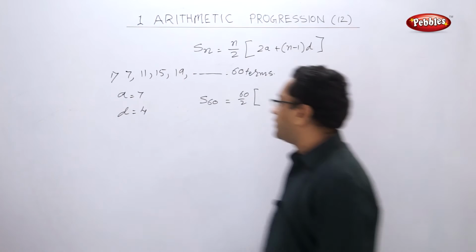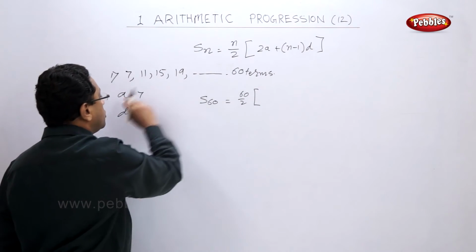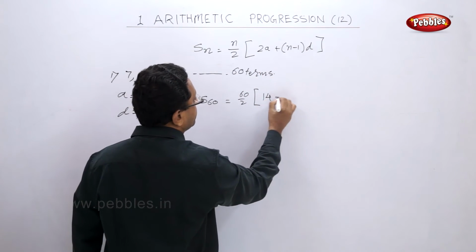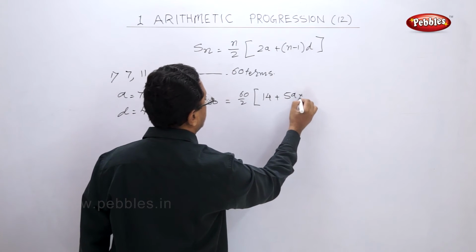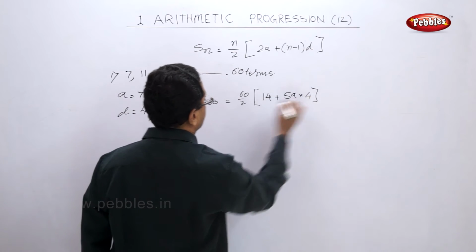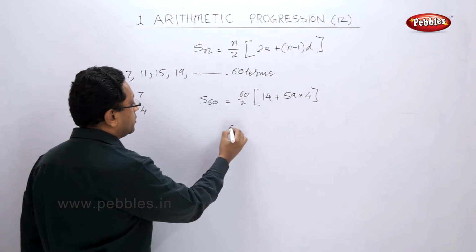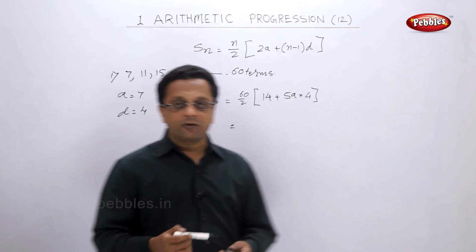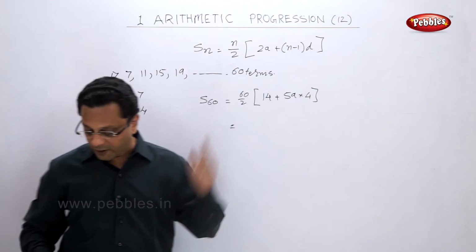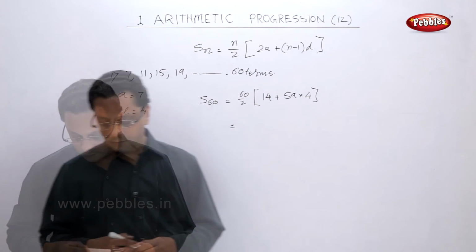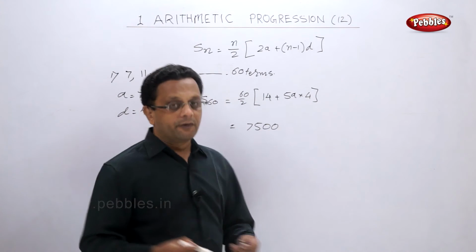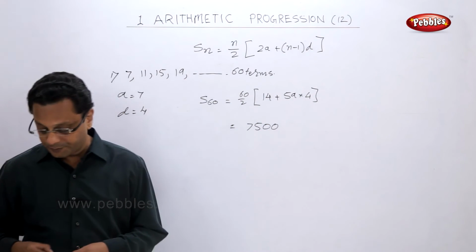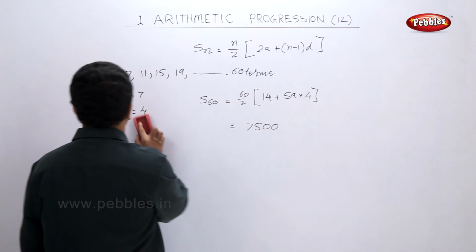I will quickly write 2 into a, that is 14, plus n minus 1, that is 59, into 4. Simple arithmetic. Quickly solve this. Pause your video here and find out the answer. 7,500 is the answer.